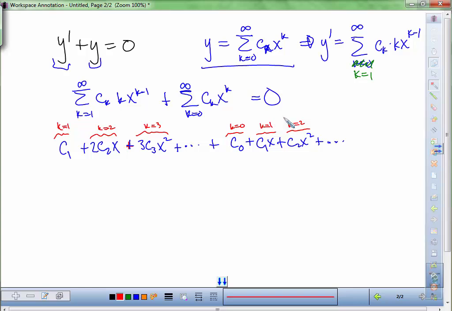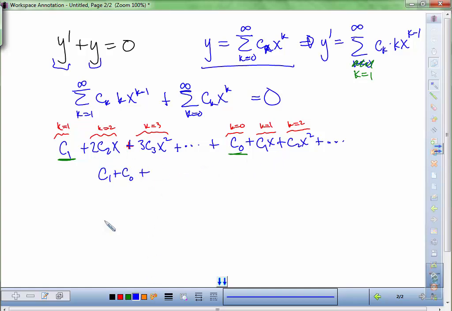Okay? This whole thing is supposed to be equal to 0. And what we're going to do is collect the terms that have common degrees of the polynomials, or the power functions. So I have c_1 plus c_0. That's a constant.